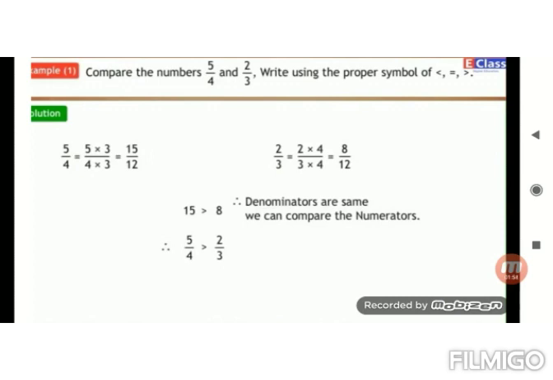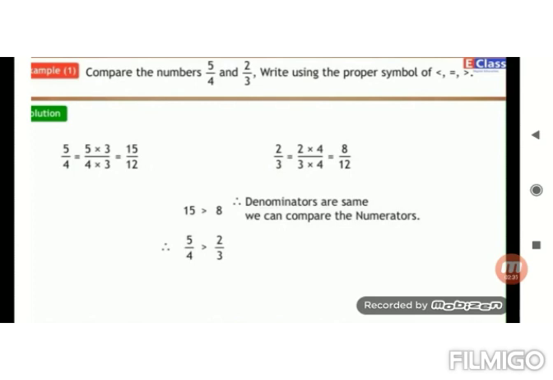Example number 1. Compare the numbers 5 upon 4 and 2 upon 3 by using the proper symbols. Students, you can see here both the numbers are positive and both have different denominators. You have also studied in the smaller classes, when the denominators are different, we have to cross multiply to make them equal. So, 5 upon 4 should be multiplied by 3 and 2 upon 3 should be multiplied by 4.